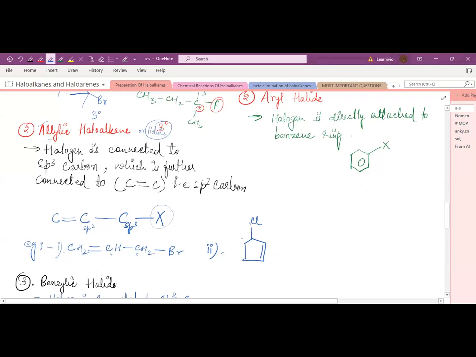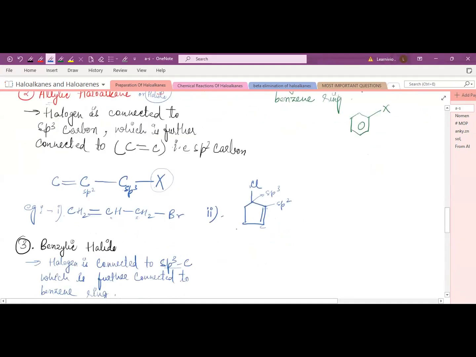Because chlorine is attached to a carbon that is sp3 hybridized, and then that carbon is further attached to sp2. This is the carbon-carbon double bond, which is sp2 hybridized carbon. So this is your allylic type of haloalkane or halide, you can say.